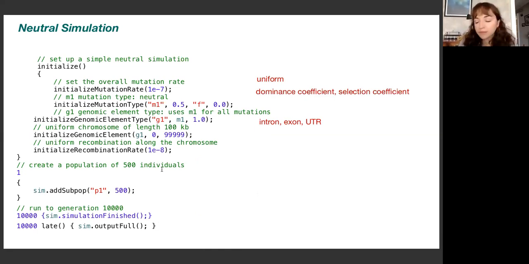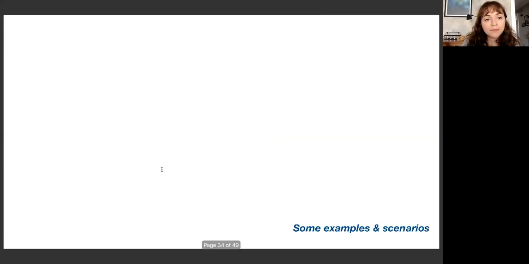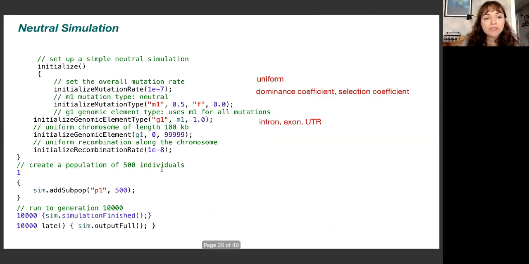How much time do we have? So we have just 5 minutes. So maybe I can just start with the neutral simulations, and we can continue with the other scenarios in the next classes. So this is a simple neutral scenario simulation. What you do is write your script to tell SLiM to run the mutations.